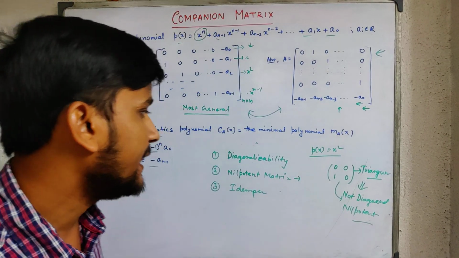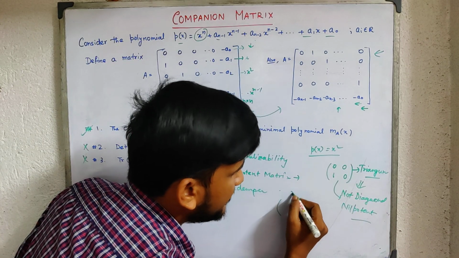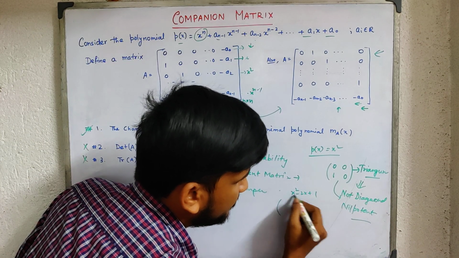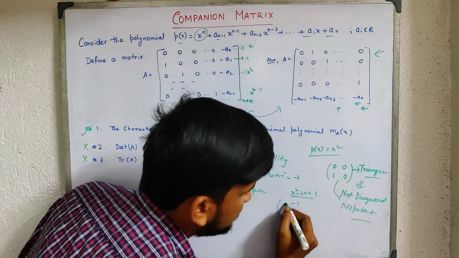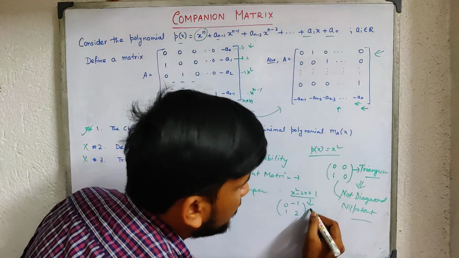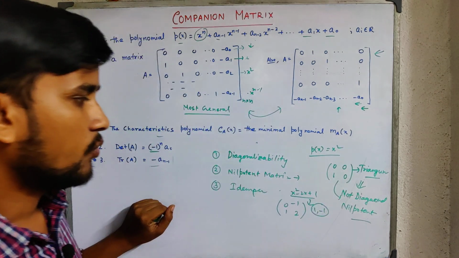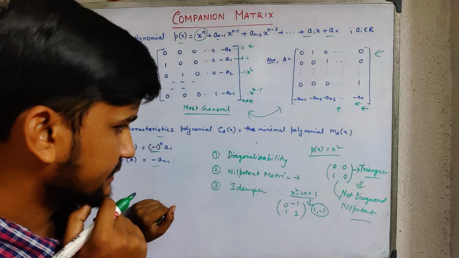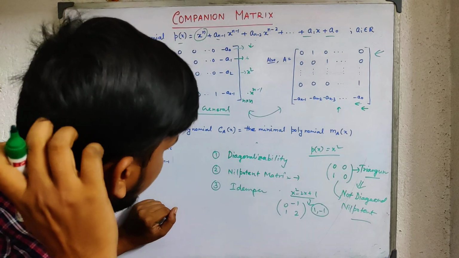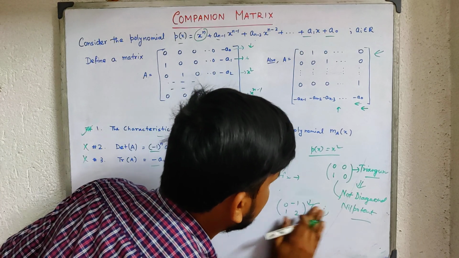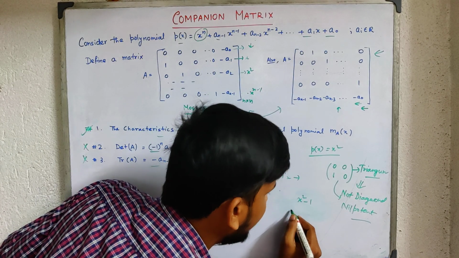Now for a second example, take x square minus 2x plus 1. Then this is minus 1, this is 2, this is 1, this is 0. The roots of the polynomial are 1 and 1. Or we can take another example, x square minus 1.